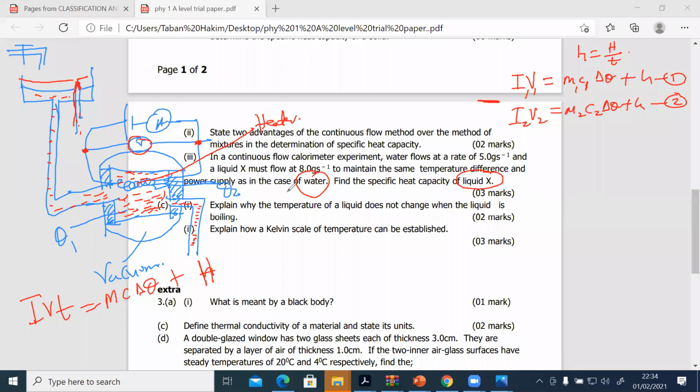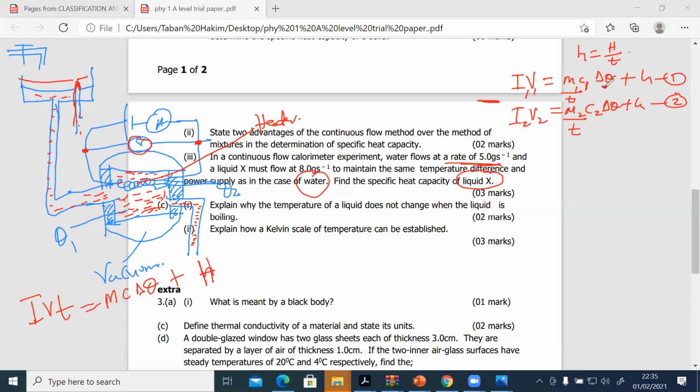Now, coming back to our question here, it says that in a continuous flow calorimeter experiment, the water flows at a rate. This m here, let me divide it by T. We're just writing the m to mean m out of T. So the water flows at this rate and the liquid X flows out at this rate, to maintain the same temperature difference.